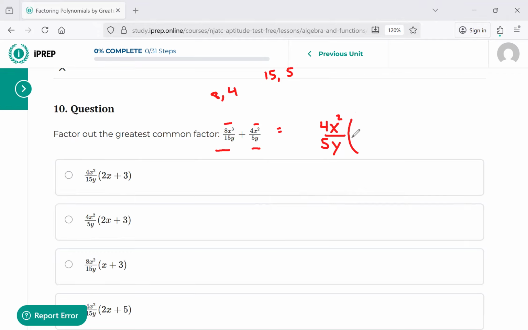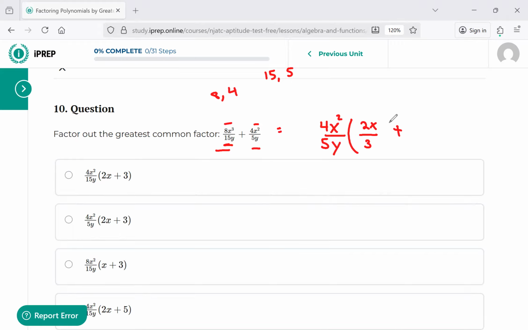And then now remember we have two terms. So what do you have to multiply this 4x squared over 5y by to get the first term? So you're going to need a 2 on the top and one more x, because x squared times x is x cubed, right? And then on the bottom, what do you have to multiply 5y by to get this 15y? You're going to need a 3 and no more y's.